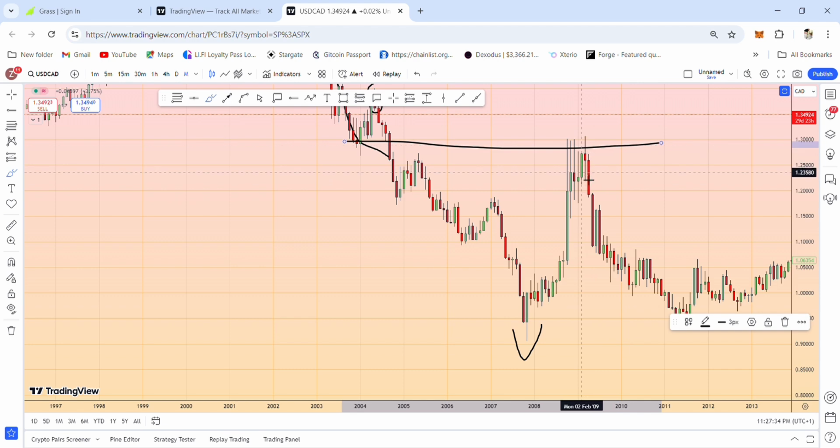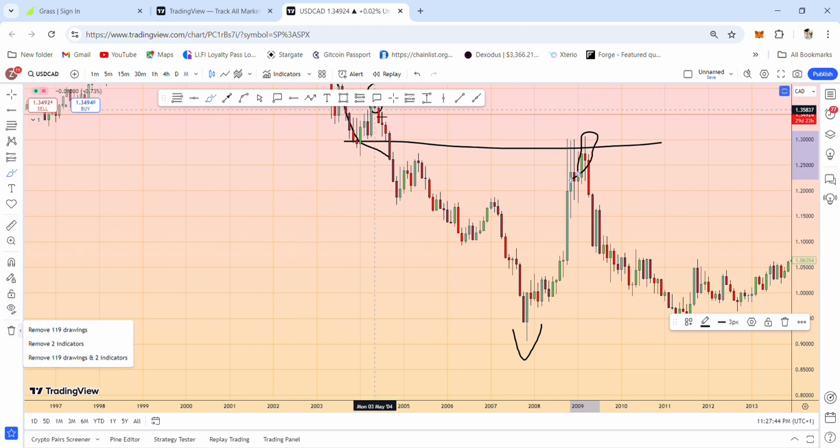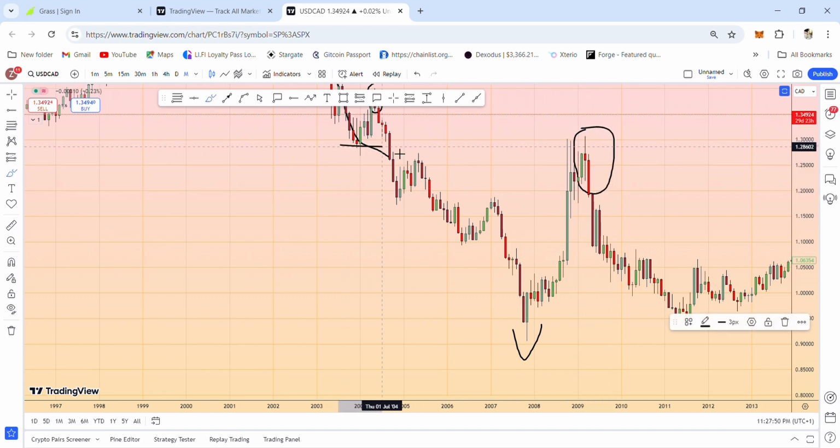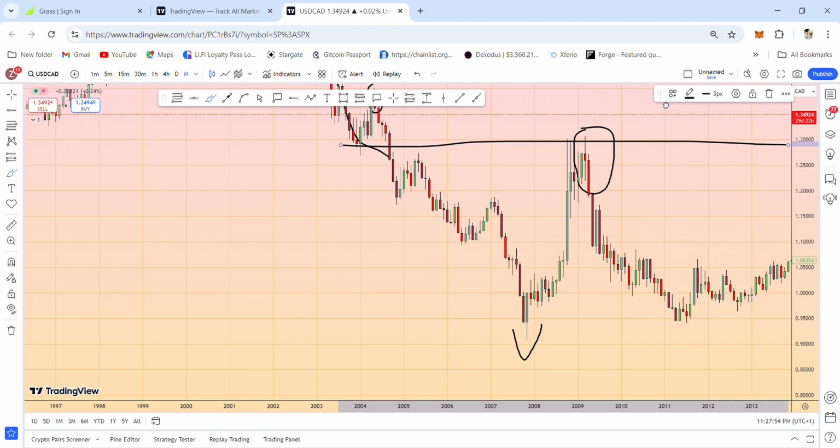We saw that there's an indecision candle and a bearish candlestick. That's an evening star candlestick that appeared here, and that's a resistance level. So price sold down to this support level.